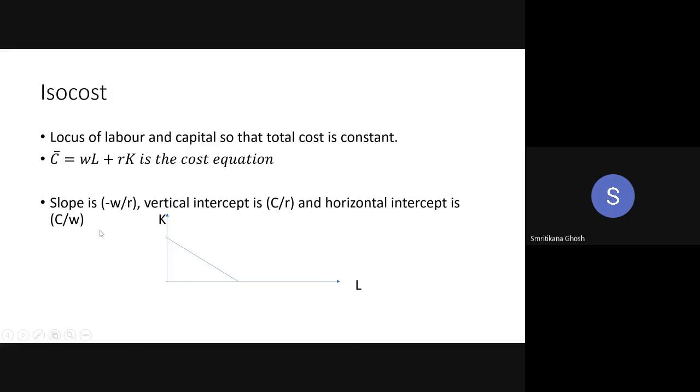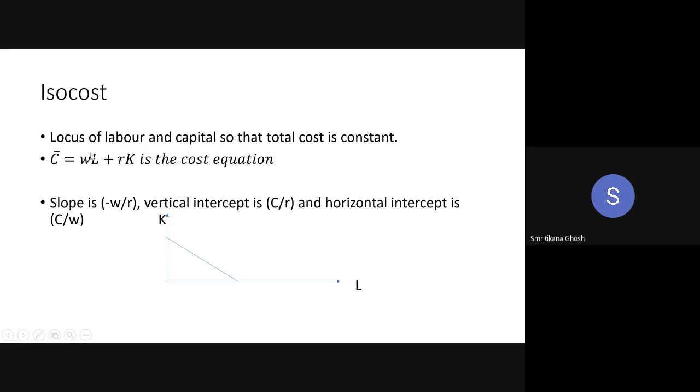On the horizontal axis, you are going to measure labor, and on the vertical axis, you are going to measure capital. So the slope must be dK/dL, right? Now, if you differentiate this cost equation, your left hand side will be 0 because it's a constant, C bar.